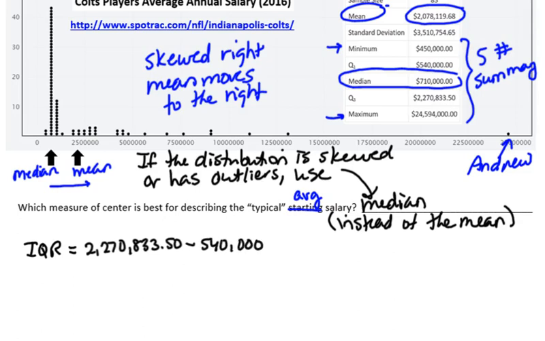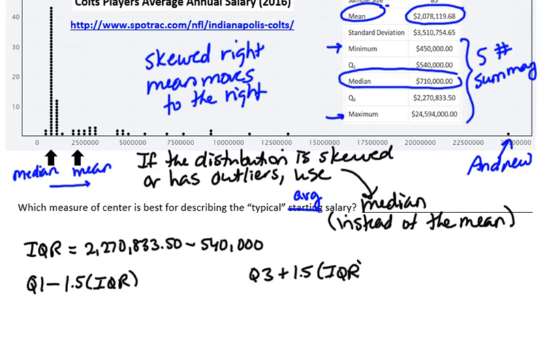That's the IQR. And then we're going to check for Q1 minus 1.5 times the IQR and Q3 plus 1.5 times the IQR.